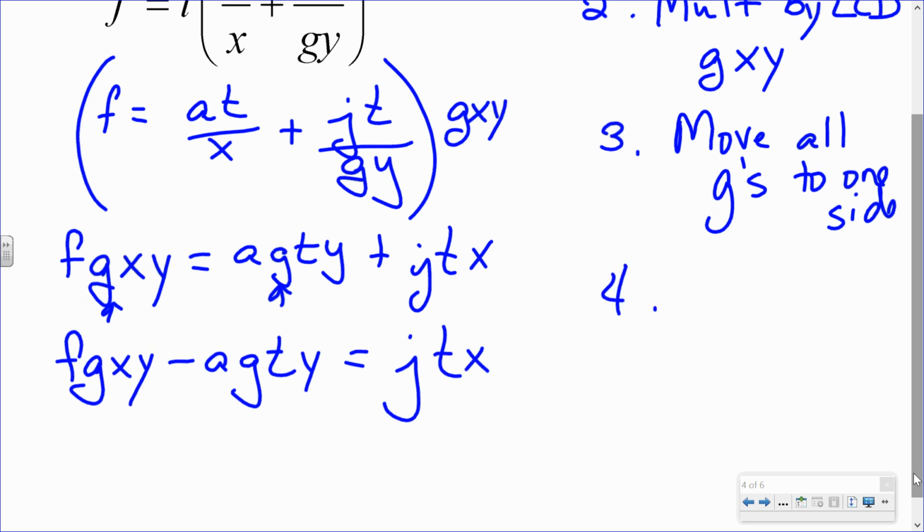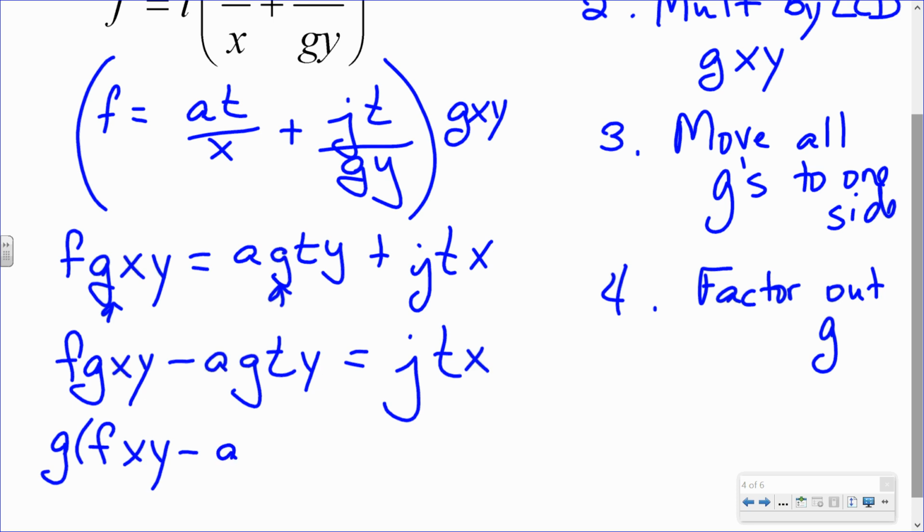Next step, Ryan. We factor the g out, I think is what she meant there. So factor out g. So we have g times fxy minus aty equals jtx.